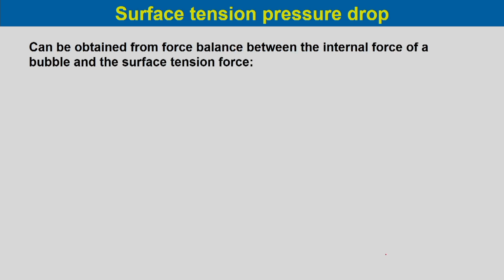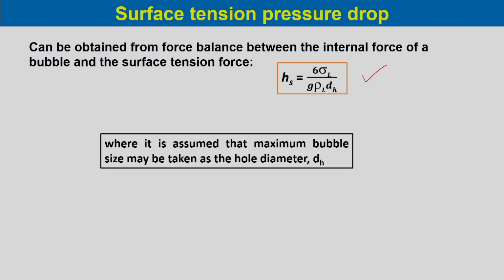Then the surface tension pressure drop we can obtain from the force balance between the internal force of the bubble and the surface tension force. So, HS would be equal to 6 sigma L by (g rho L dH). Using this we can calculate the surface tension effect, where it is assumed that the maximum bubble size may be taken as the hole diameter.